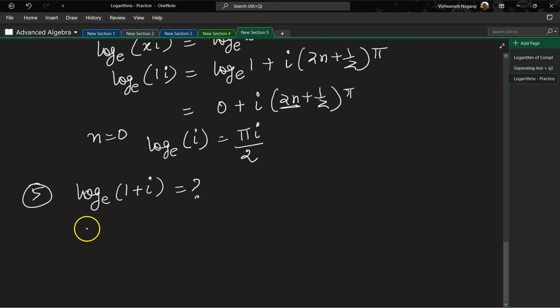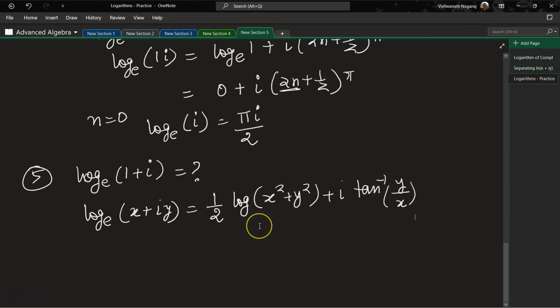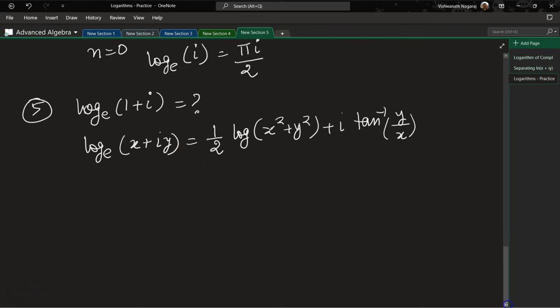Okay, so log e of x plus iy is equal to half of log x square plus y square plus I tan inverse of y by x. This we have seen in the previous session, right? So if you want to know how this came about, have a look at the previous video. Okay, so this is our formula.